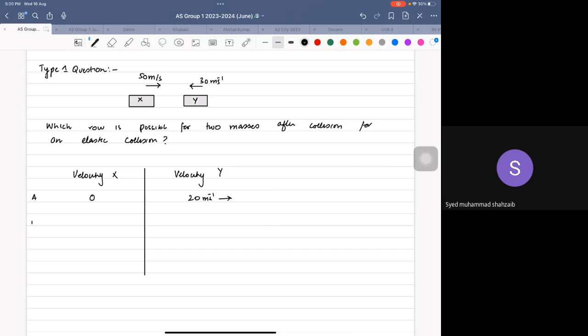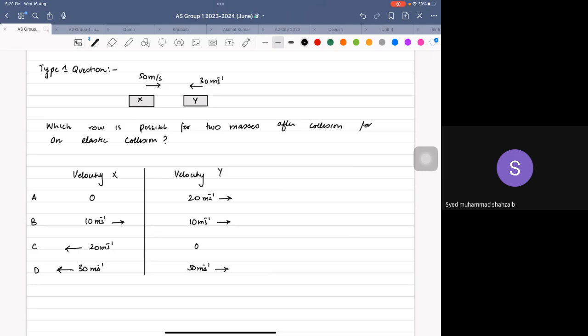Answer B says 10 meters per second in this direction and 10 meters per second in the same direction after they collide. Part C says 20 meters per second in this direction and 0 here. And part D says 30 meters per second in this direction and 50 meters per second in this direction.